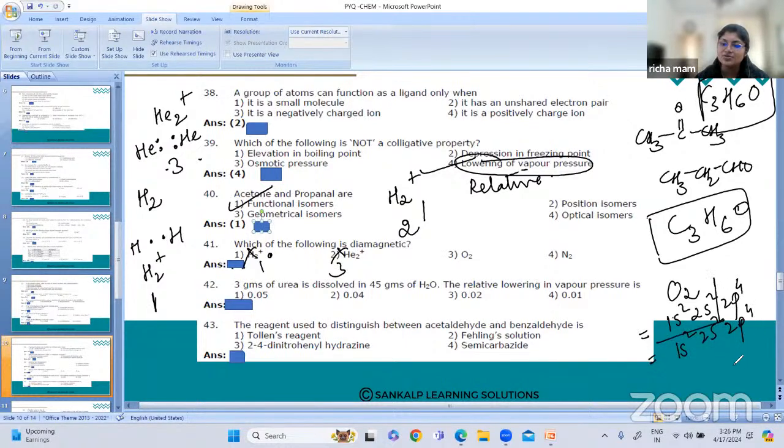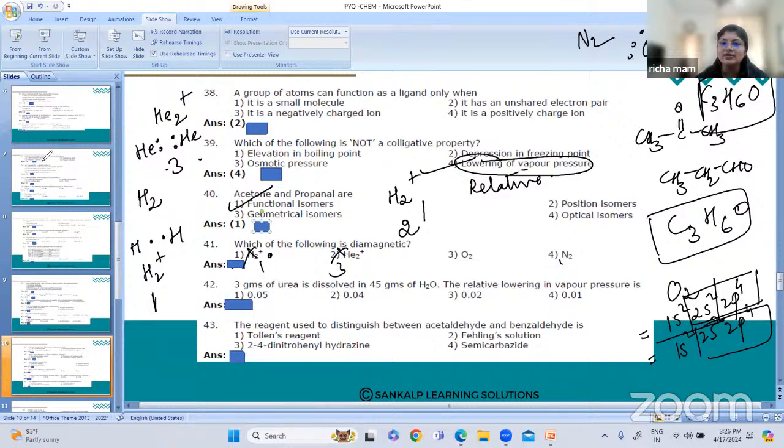So 8 and 8, 16 electrons, counting 1, 2, 3, 4, 5 up to 12 in the molecular orbitals.